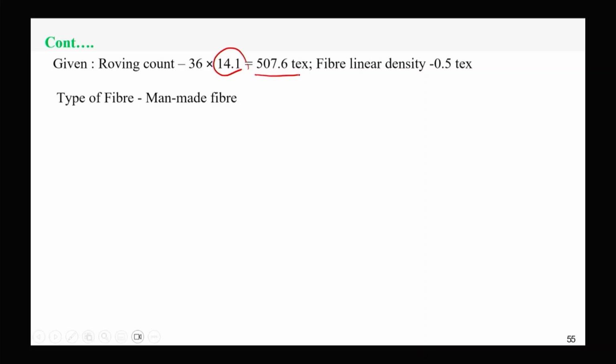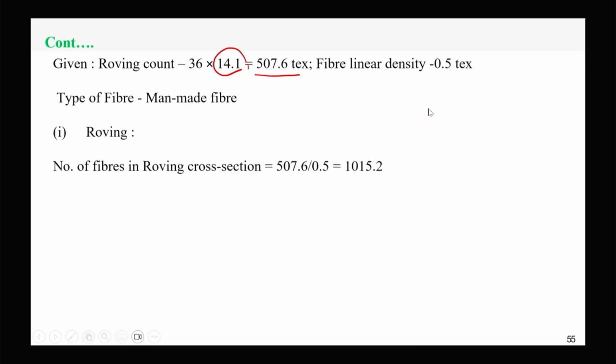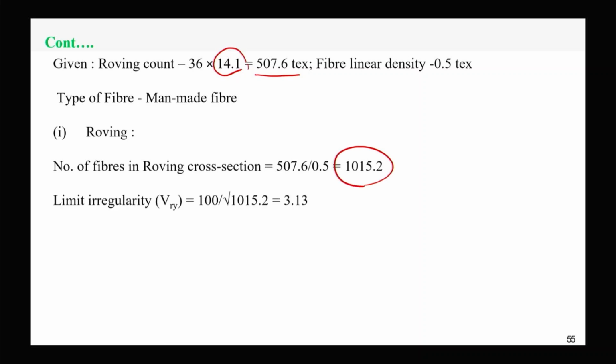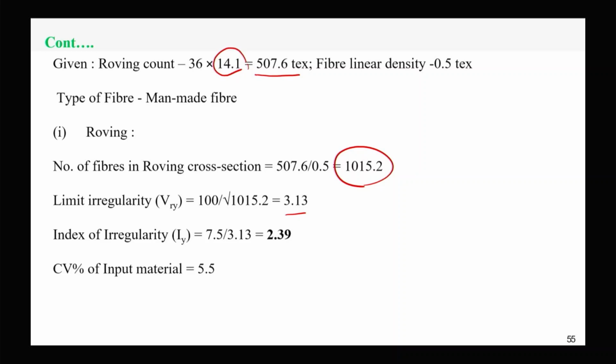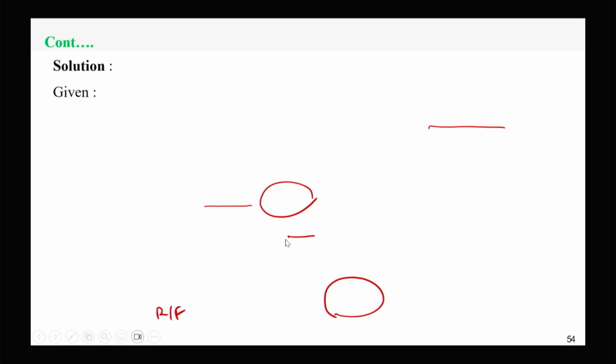So linear density will be 507.6 tex. So number of fibers in the cross section will be 1015, and from there we can calculate the limit irregularity, which is 3.13, and index of irregularity is 2.39, and here CV input material, which is yarn CV, was 5.5. So that we can see here from the table.